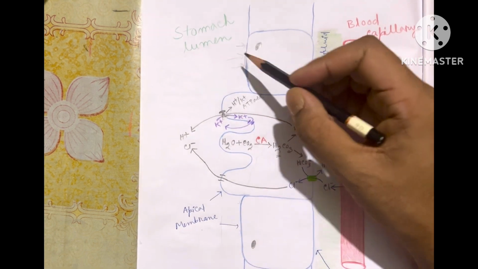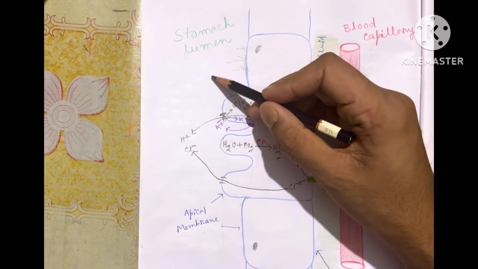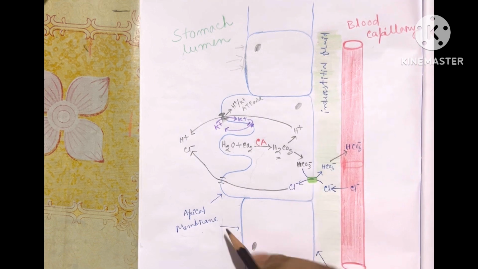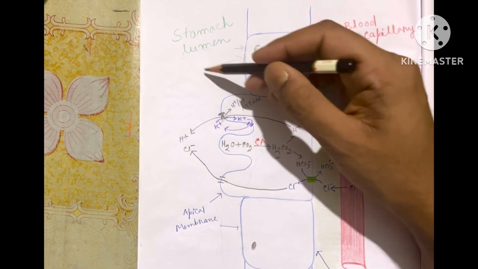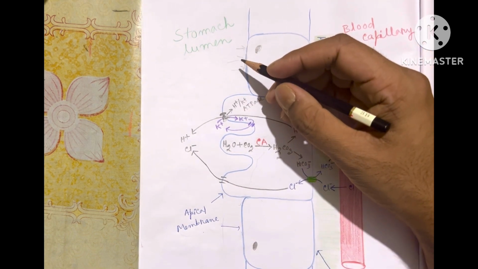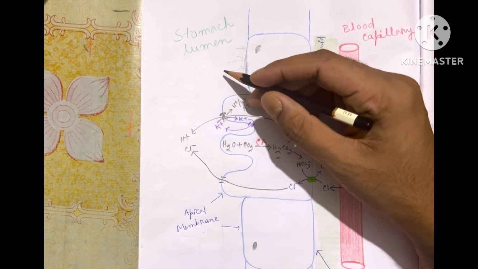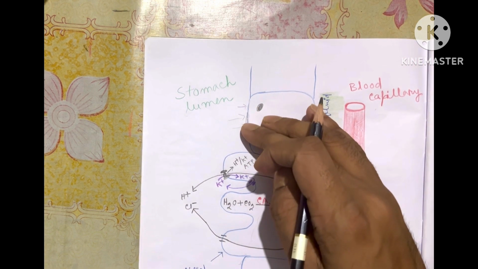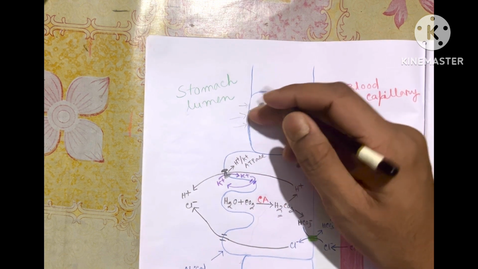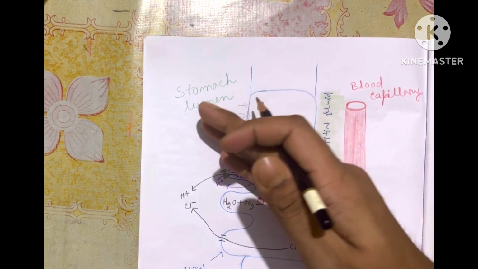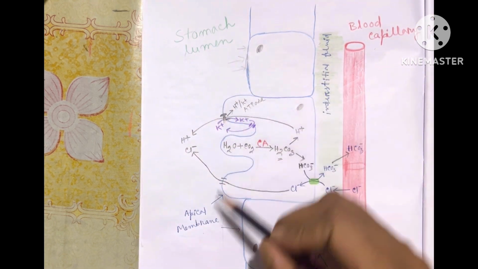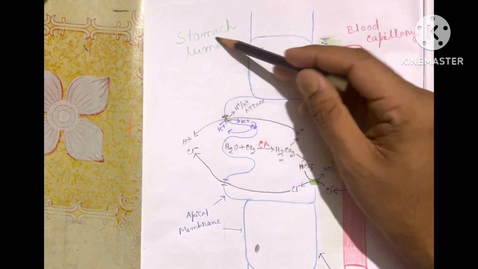The side of the cell which directly comes in contact with food particles will be called the apical membrane, because when food particles mix with HCl, it will be called chyme. So the side of our cell which directly comes in contact with chyme or food particles will be called the apical membrane, because the lumen is present over here.